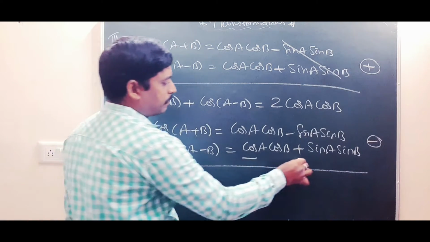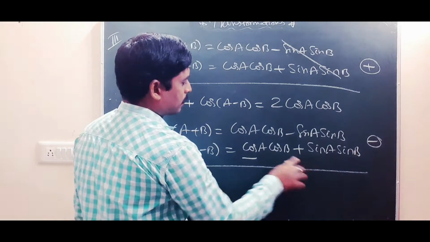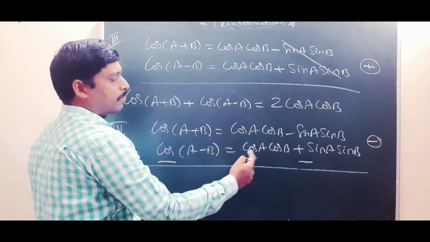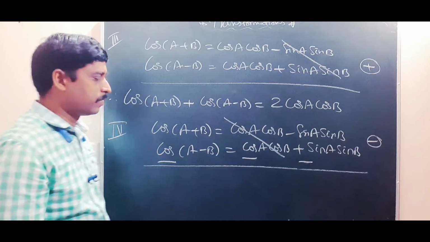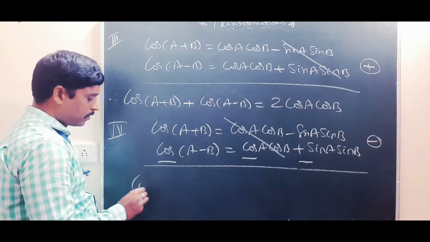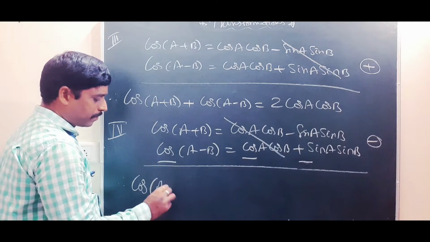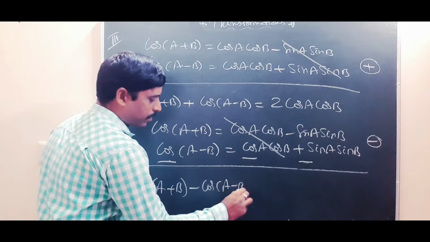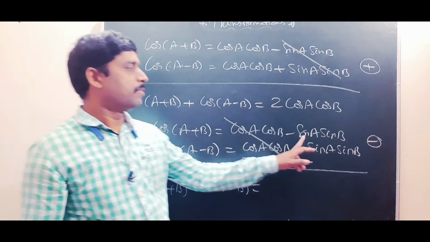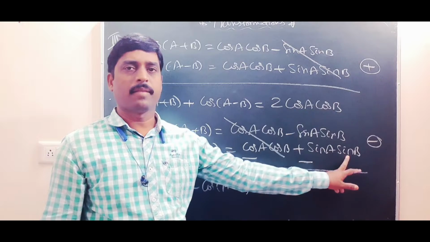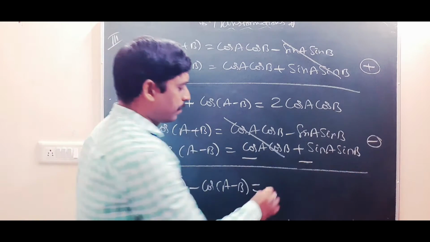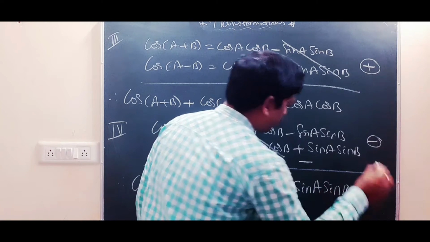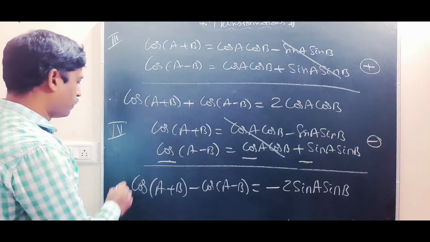Cos A cos B minus cos A cos B gets cancelled. Okay, what we get? Cos(A+B) - cos(A-B) is going to be minus sin A sin B minus sin A sin B, minus 2 sin A sin B. Okay, this is also most important.